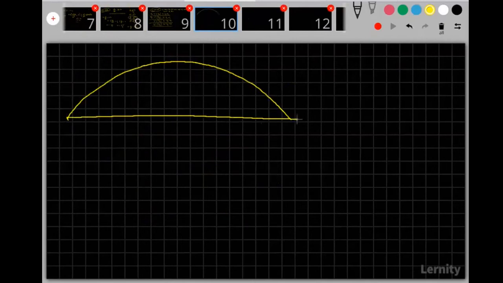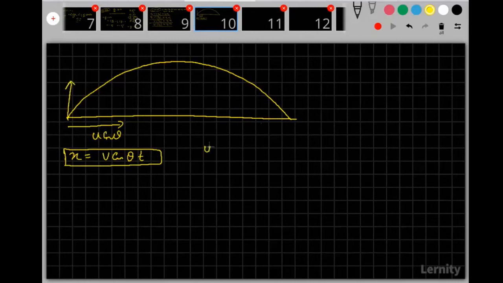The x coordinate of the projectile is always going to be equal to u cos theta t. This velocity is u cos theta. So x is always going to be equal to this. Whereas y will become u sine theta t minus half g t squared.